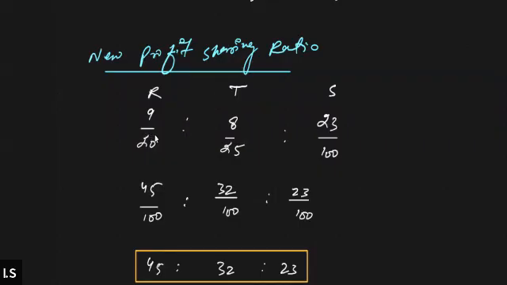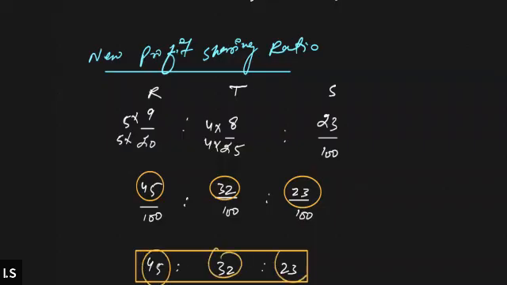In case of R, we have 9 by 20. In case of T, we have 8 by 25. To equalize the bases, we will have to multiply by 4 for R's and by 5 for T's. So multiplying, we get 45 by 100, 32 by 100 and 23 by 100. That means the final ratio will be 45 is to 32 is to 23. I hope this is clear to both of you.